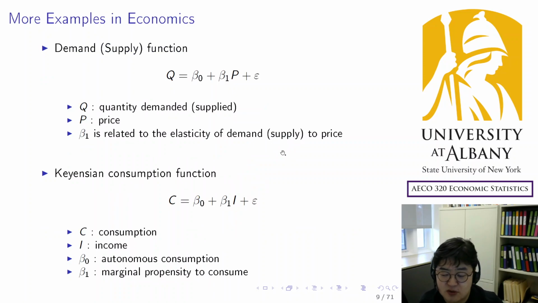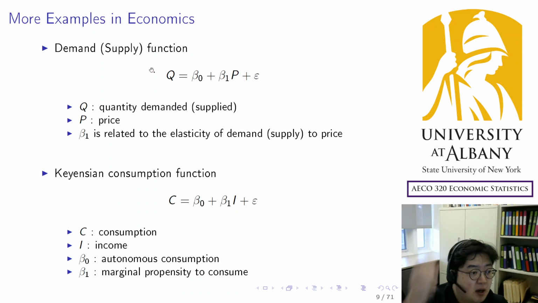More examples. I just showed you the cost function example, but similar examples can be found in many fields of economics. One example is the demand or supply function. Demand and supply functions are basically the relationship between market quantity and market price.